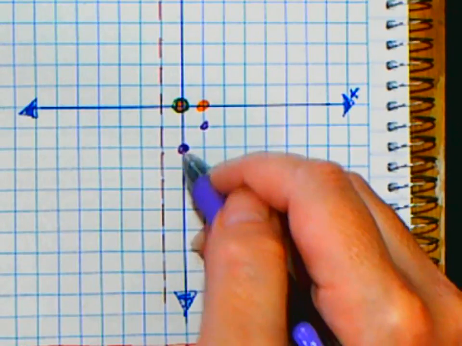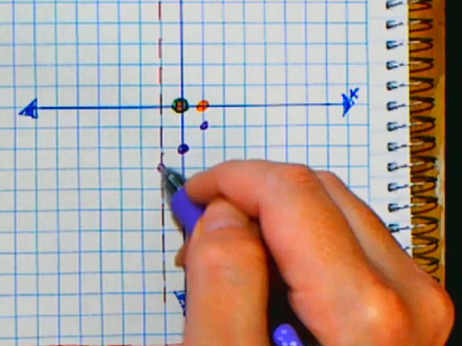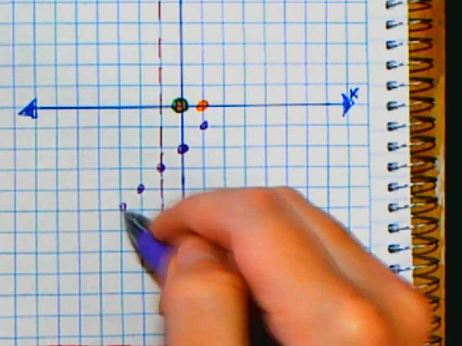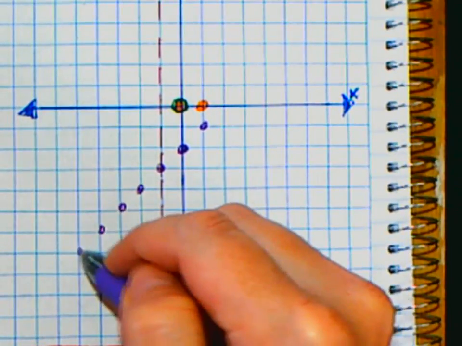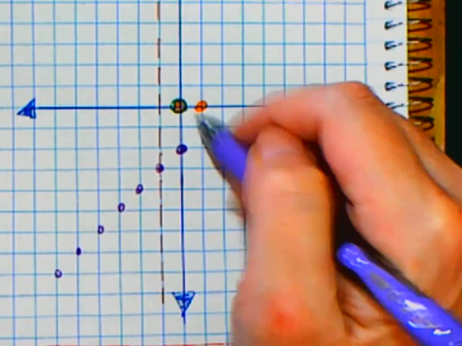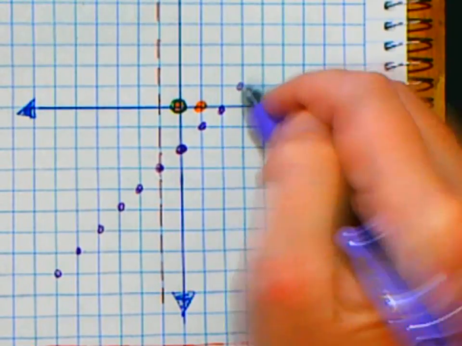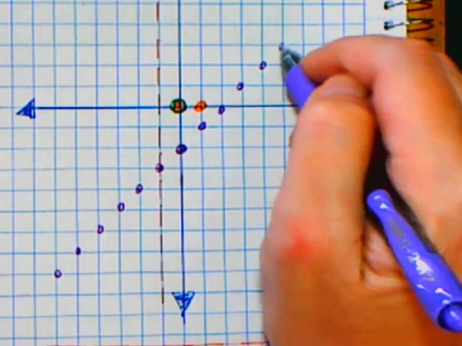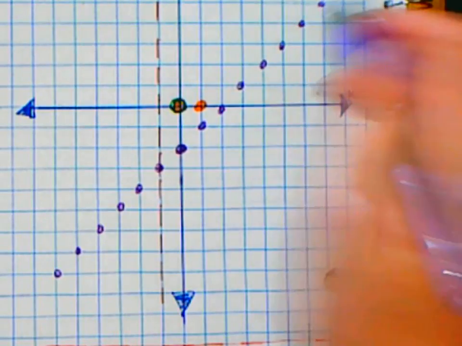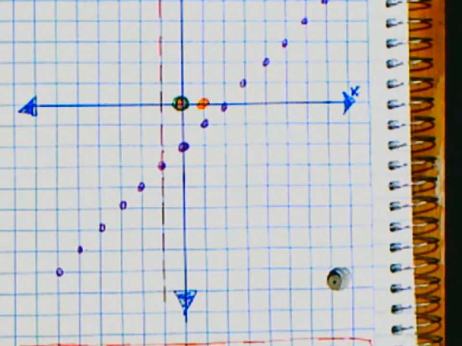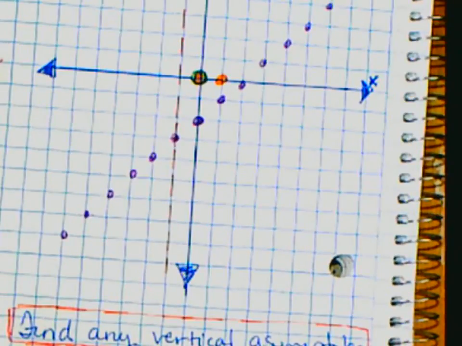No. It means if I go down 1, I go left 1. How many points do you need to make a line? Little geometry review. 2. Why am I drawing so many? Because I like it to be precise. I don't like just willy-nilly.